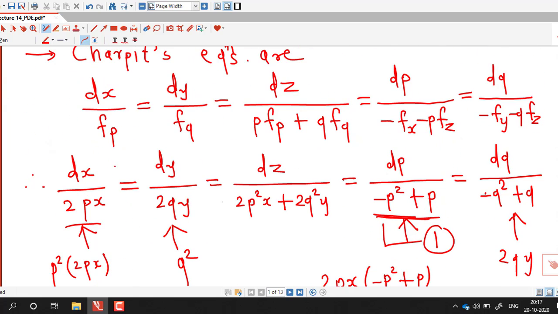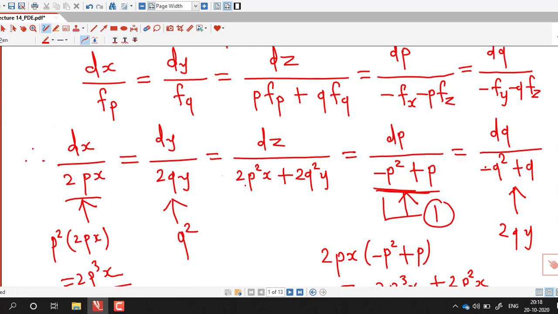P square is multiplied with the first fraction, 2px is multiplied with the fourth fraction and the remaining fractions are multiplied with 0. Similarly, we generate another fraction by multiplying this second fraction by q square and the last fraction by 2qy. So that newly generated fraction will also be equal to each fraction.